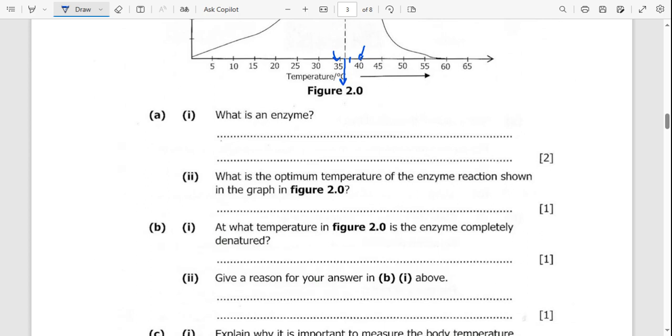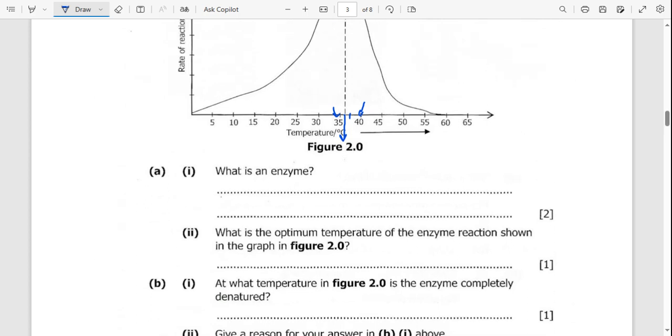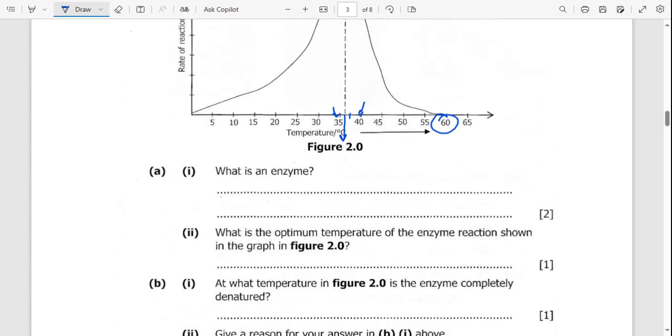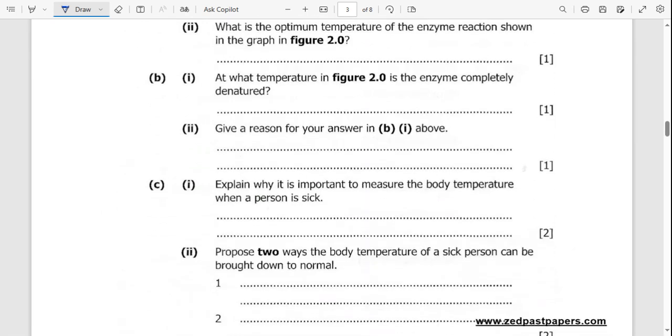At which temperature is the enzyme completely denatured? You can say the enzyme is completely denatured at this point, it can no longer work. Give a reason for your answer in B1: because you can see that the graph has become flat. Okay. Explain why it is important to measure the body temperature when a person is sick.